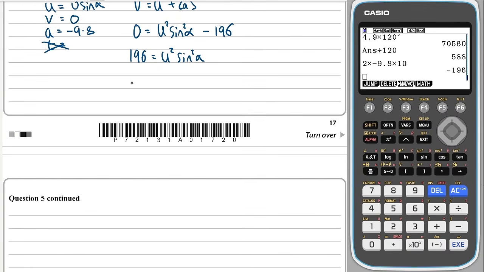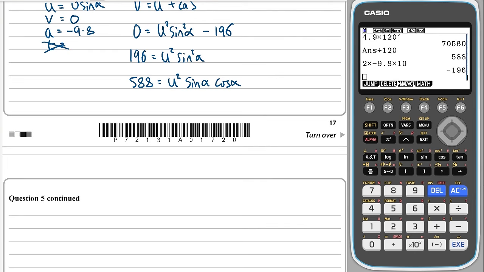So if I pair that up with 588 is equal to u squared sine alpha cos alpha, then, I mean, ideally I need to work out what alpha is, because if I work out what alpha is, then I'll be good to go, and that will give me the equation that I need.